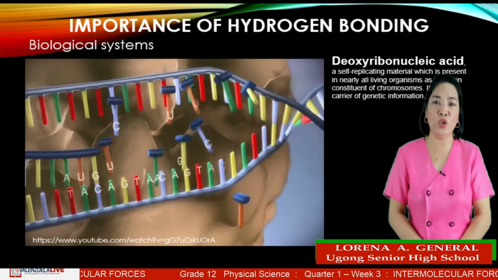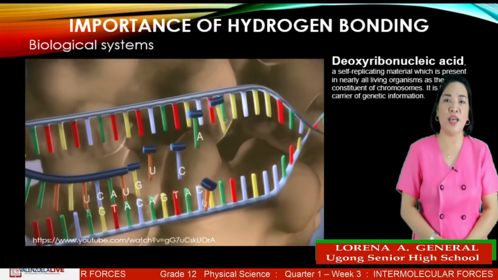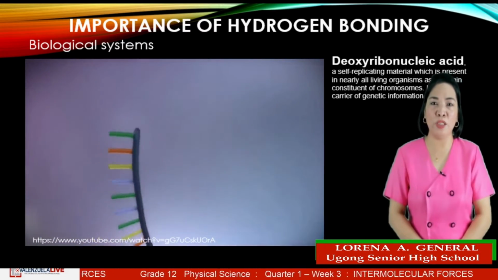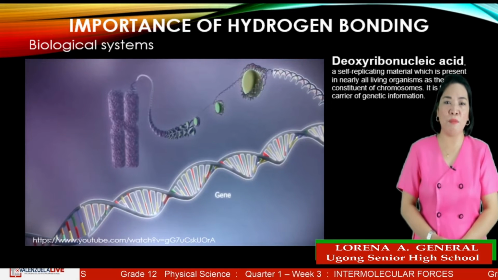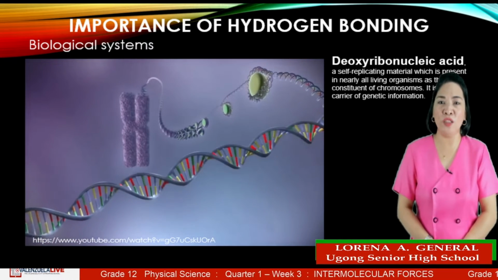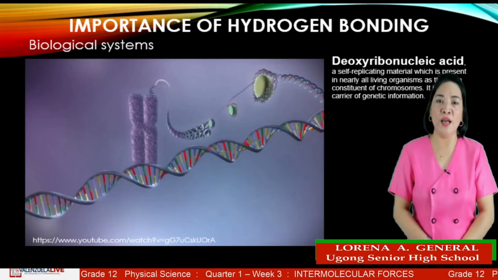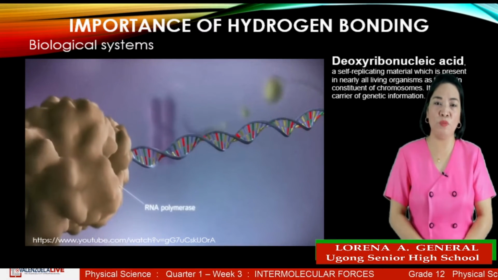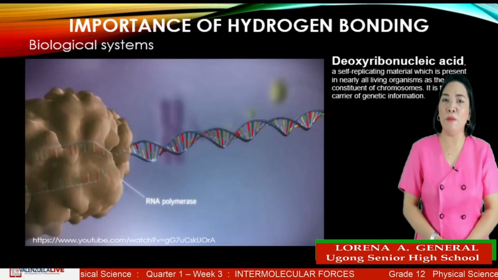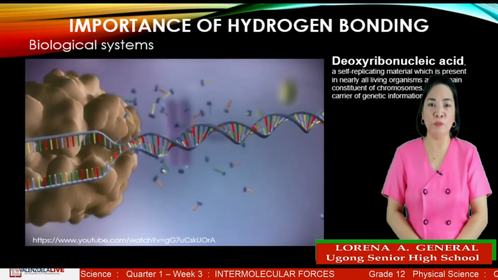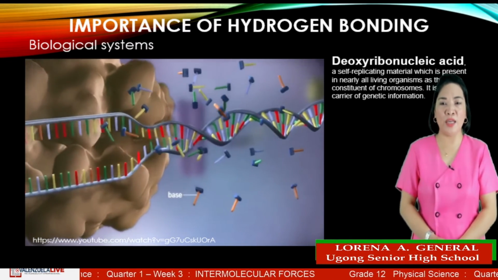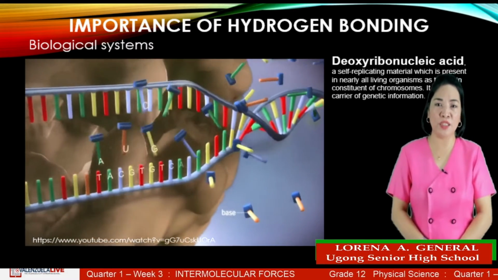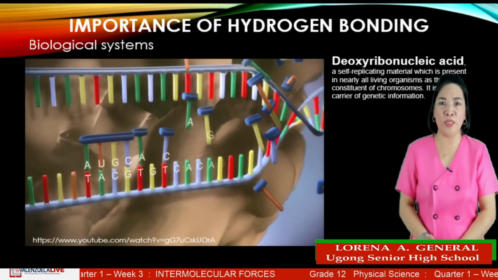Hydrogen bonds hold complementary strands of DNA together, and they are responsible for determining the three-dimensional structure of folded proteins, including enzymes and antibodies. The two complementary strands of DNA are held together by hydrogen bonds between complementary nucleotides: adenine and thymine, cytosine and guanine.